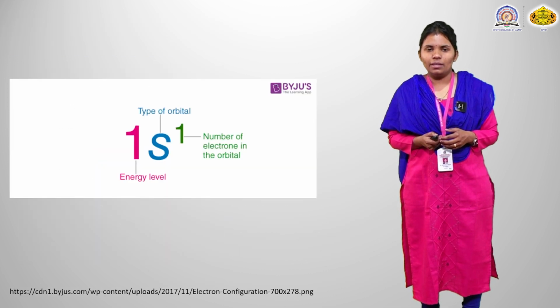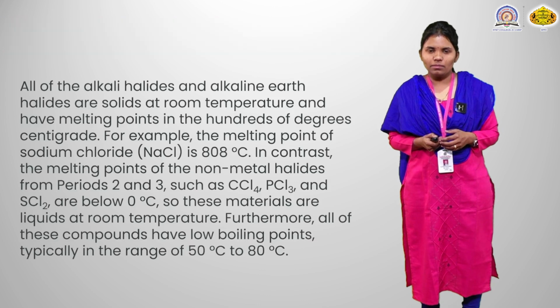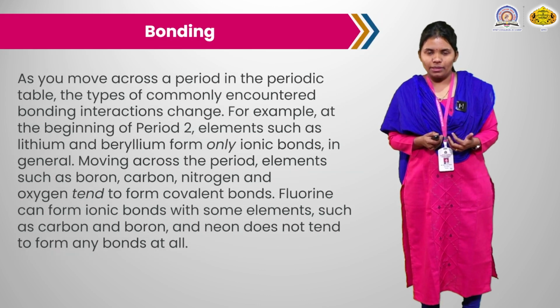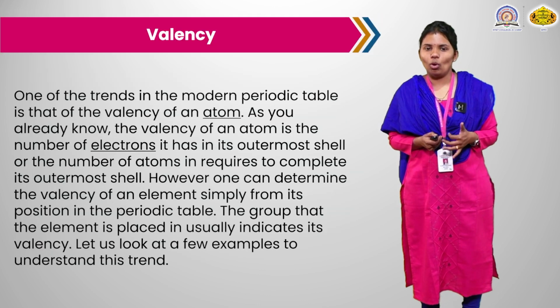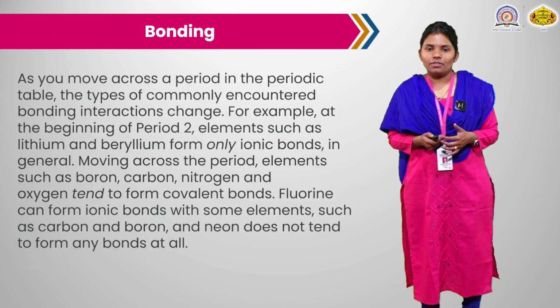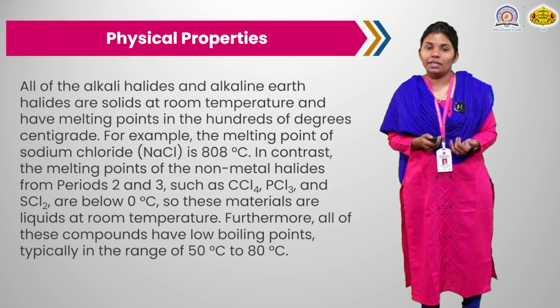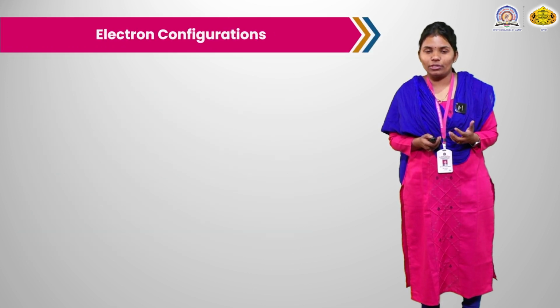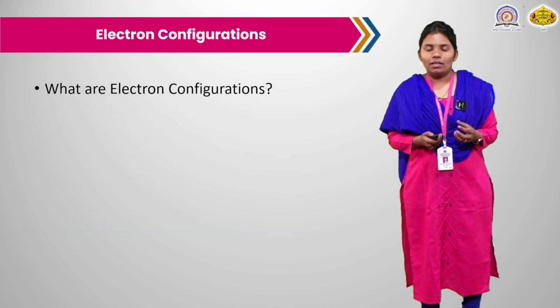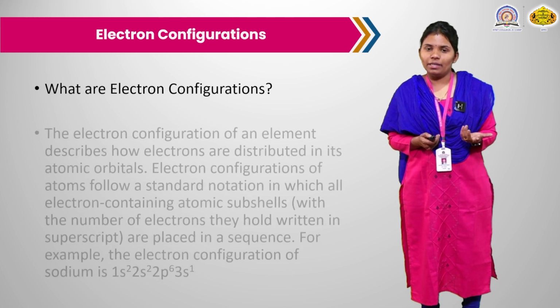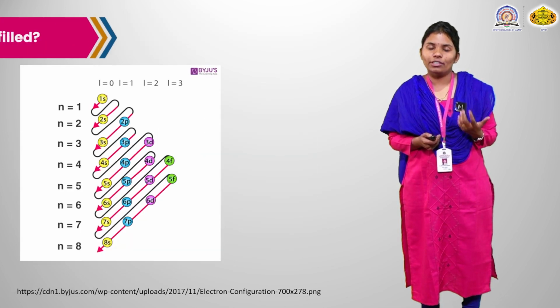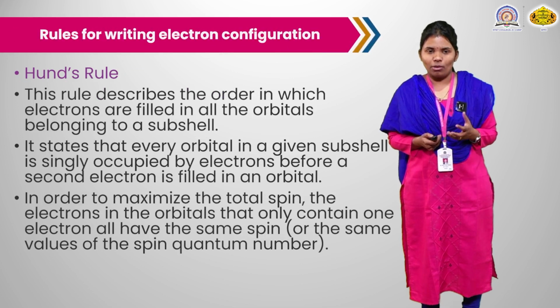We have seen the periodic properties, the valency and bonding character. After that we saw the melting points of the halides, what their nature is, and how they vary according to their bonding. If they form ionic bonds, they have a high melting point. And we saw how to write the electronic configuration.